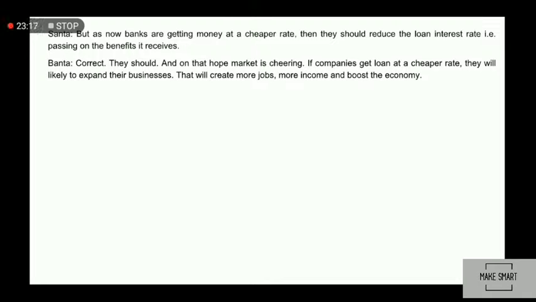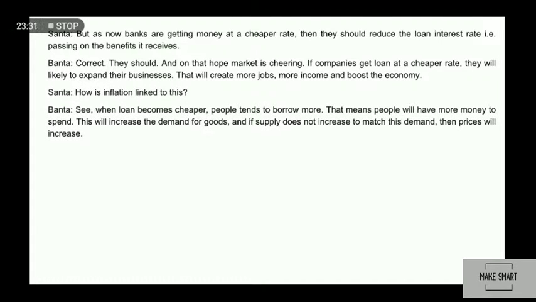If companies get loans at a cheaper rate, they will like to expand their business. They will create more jobs, more income, and boost the economy. Santa asks, how is inflation linked to this? Banta says, see, when loans become cheaper, people tend to borrow more. That means people will have more money to spend.